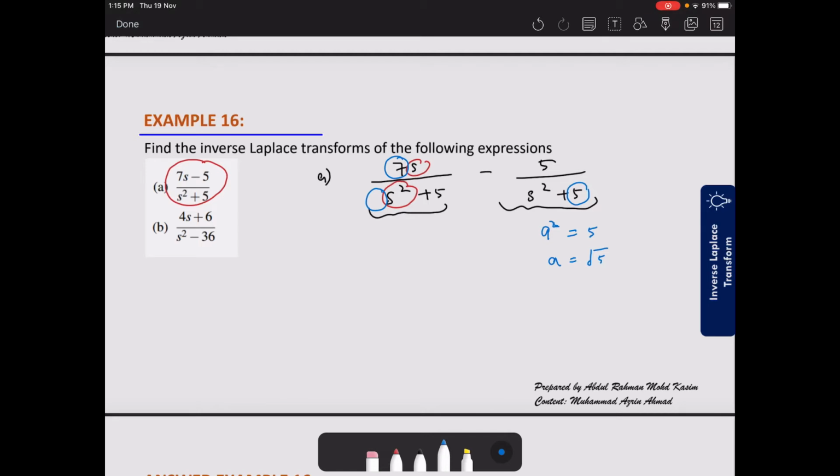Similar to this one, a squared is equal to 5, and your a must be square root 5. So you can bring 7 over here, and then you are taking the inverse for this one, so you will have s over s squared plus square root 5 squared.